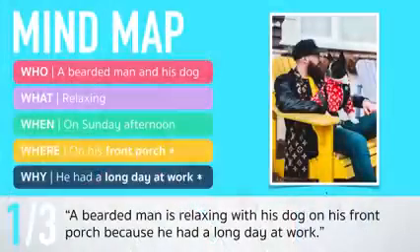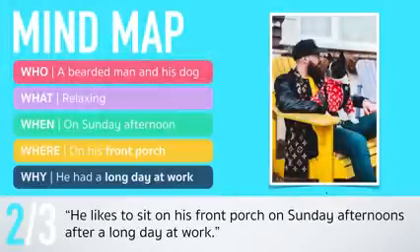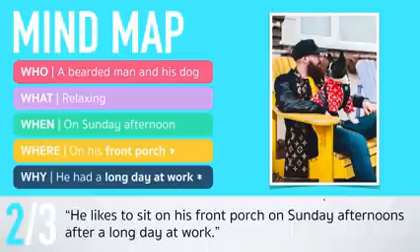But let's see some other examples again, all right? Using our chunks of information, we have right here. He likes to sit on his front porch on Sunday afternoons after a long day at work. Again, same pieces of information, same chunks that we organized and thought about in the first part. But now I'm creating a different sentence and able to speak in English very naturally. Now, what about the third example sentence?